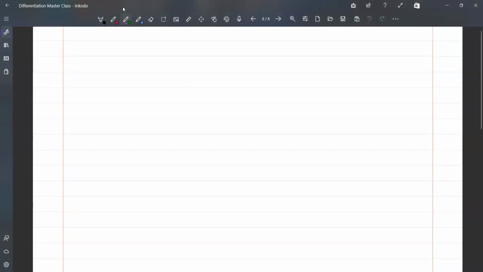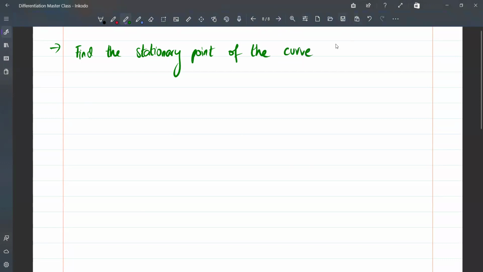Okay. So let's say the question says find the stationary point of the curve y is equal to x cube minus 5x square plus 8x minus 1, and determine its nature.